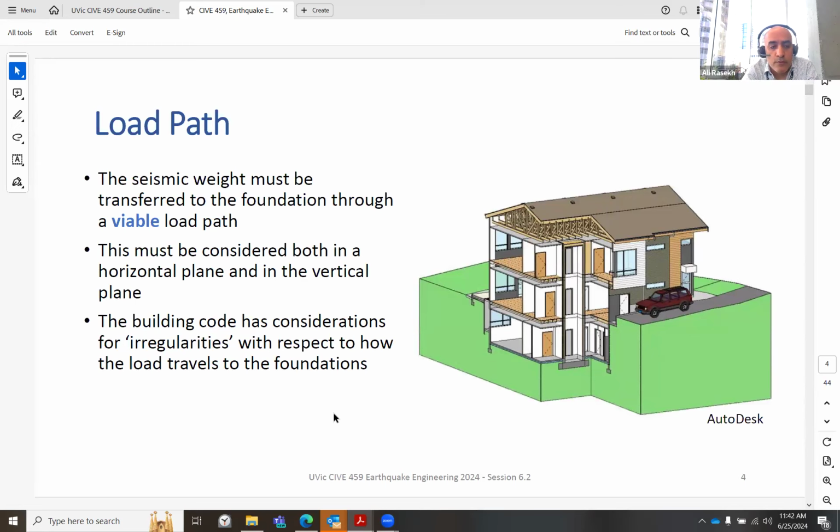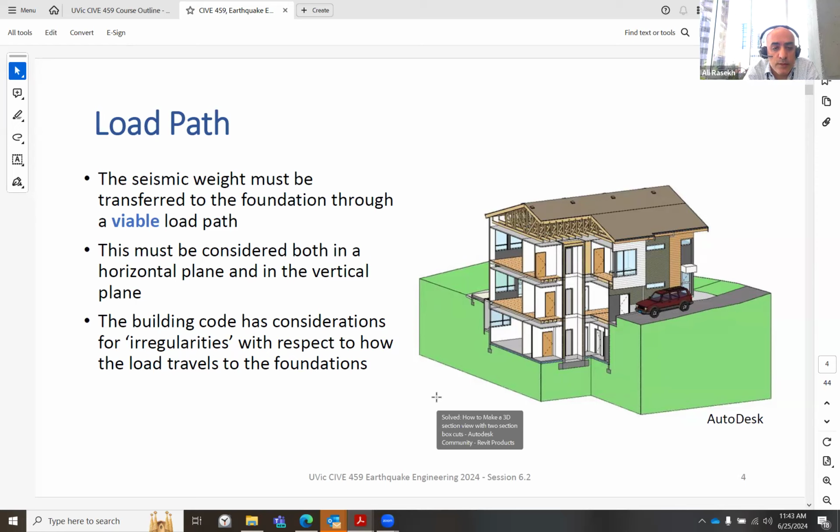Load path for seismic in a building structure. The seismic weight must be transferred to the foundation through a viable load path. The seismic load, well, maybe it's a seismic weight. I will edit this. So the lateral seismic load, we should think ahead. We should know how that load transfers all the way to foundation and dissipates.